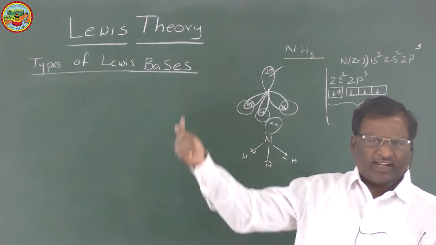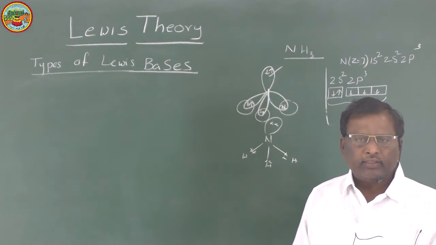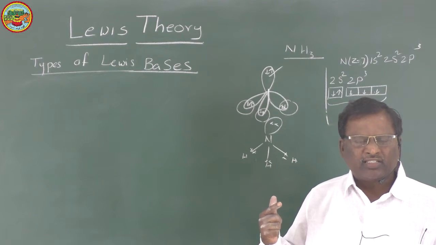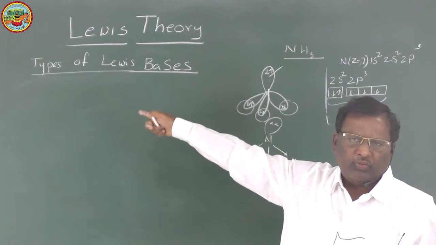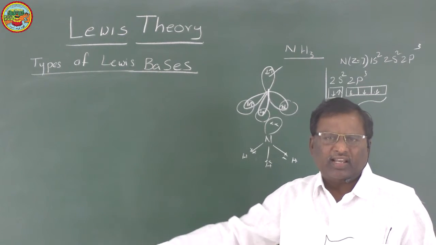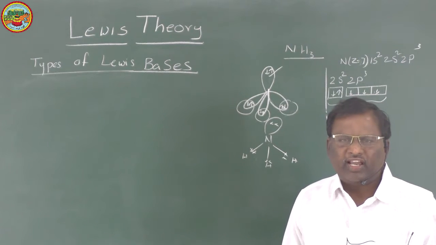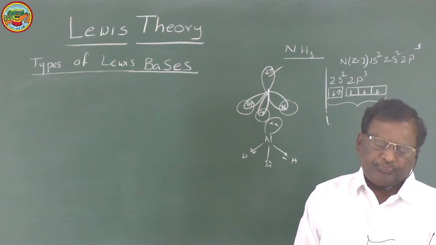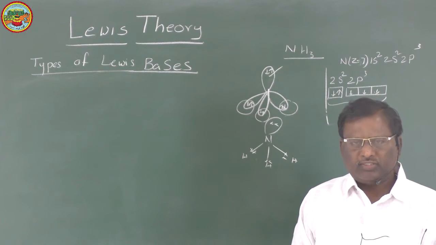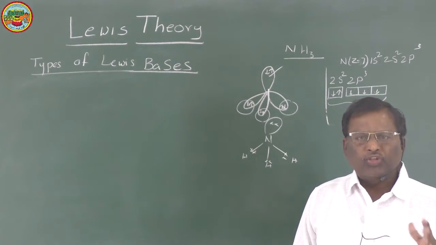So which species can take this? The species which is needy, that is, if it has an empty orbital. Previously we have already discussed which species can have empty orbitals. One is the molecules which have an empty orbital in the valence shell, that is electron deficient compounds. The second category is all positive ions.